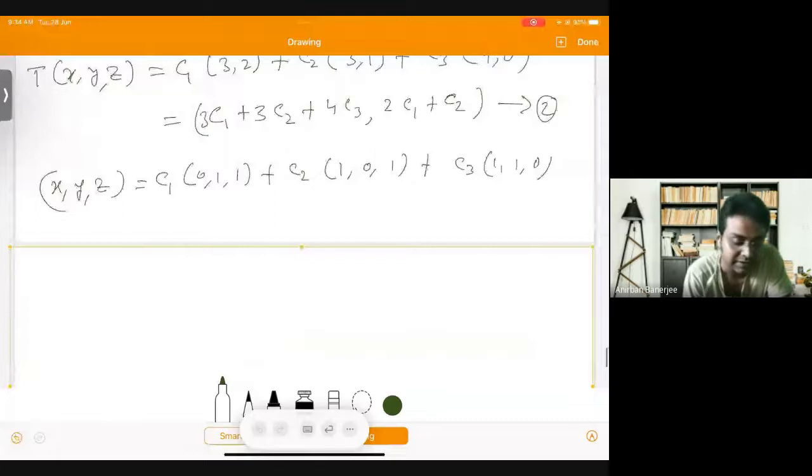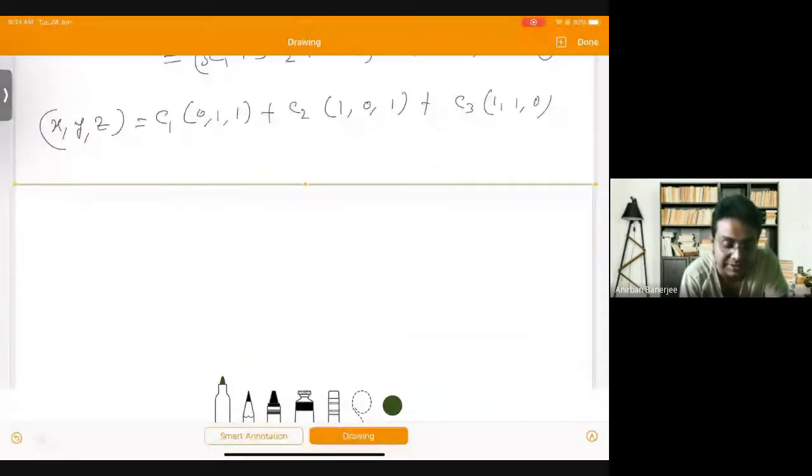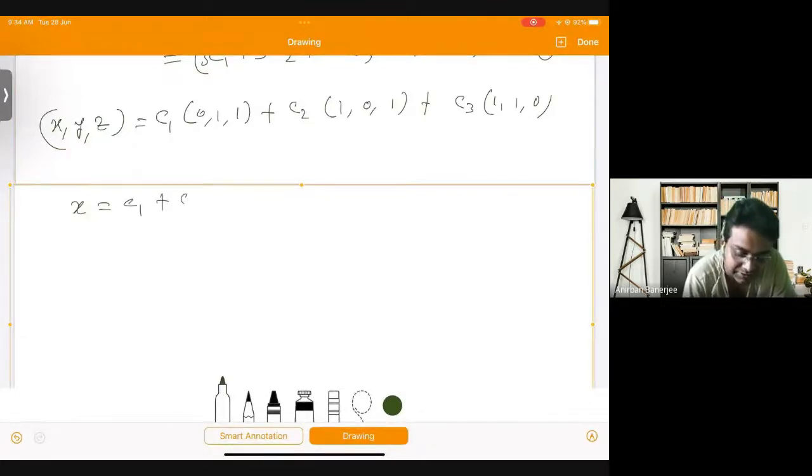Okay, now we can make the equation component-wise, left side and right side, and say that x equals c2 plus c3, and y equals c1 plus c3, and z equals c1 plus c2.